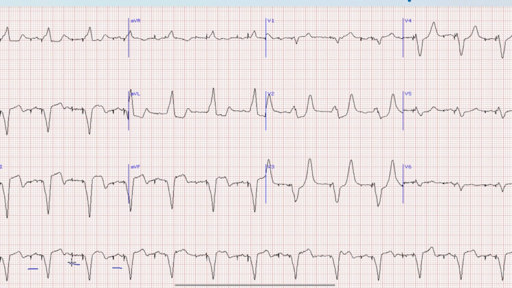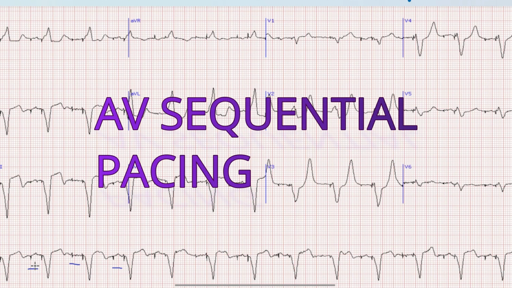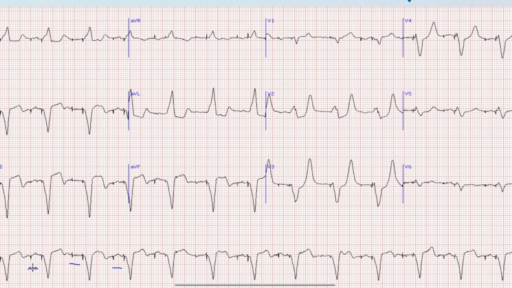As you can see, these pacing spikes are at regular and fixed intervals. This type of pacing is called AV sequential pacing, and it is obviously a dual chamber pacemaker as it is pacing both atria and ventricle.